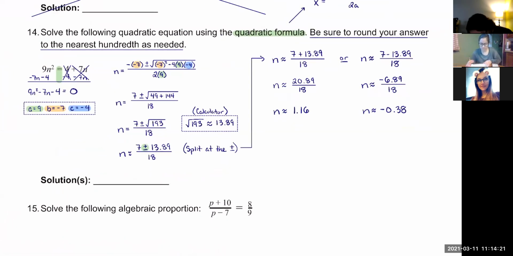And just like that, we find our two solutions are 1.16 and negative 0.38. So again, a lengthy process, but an effective one.